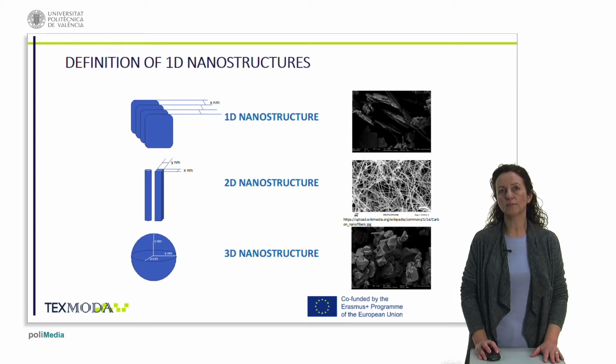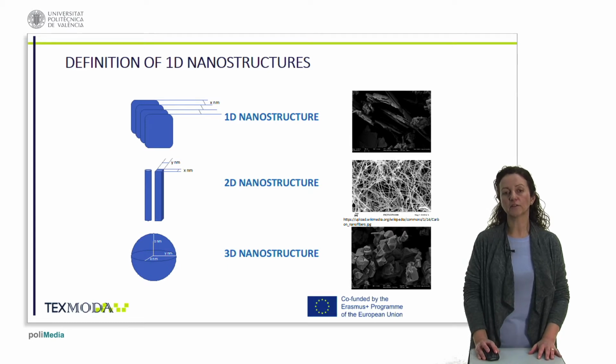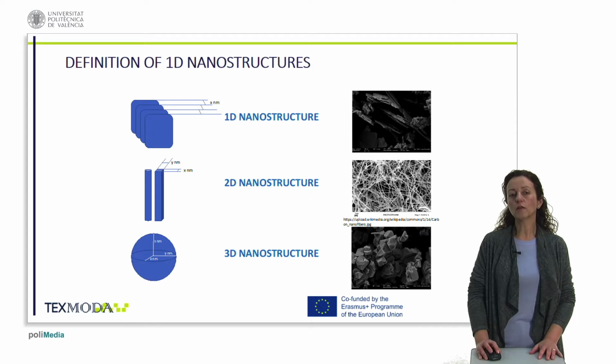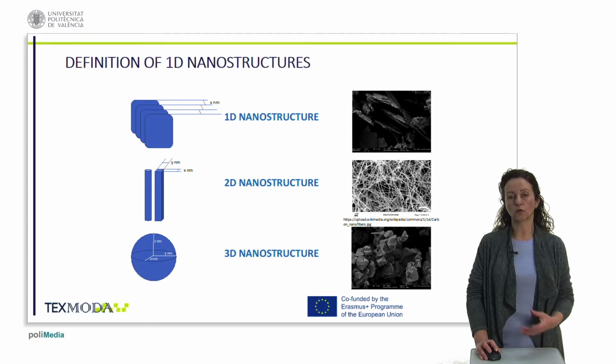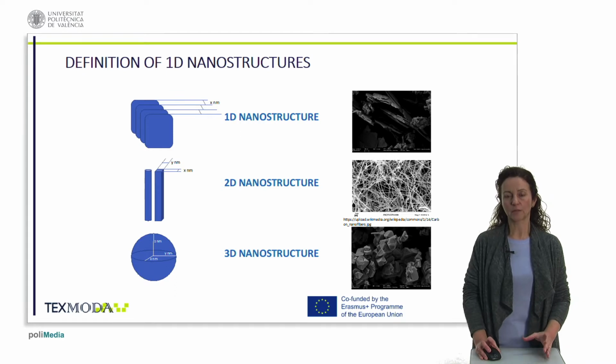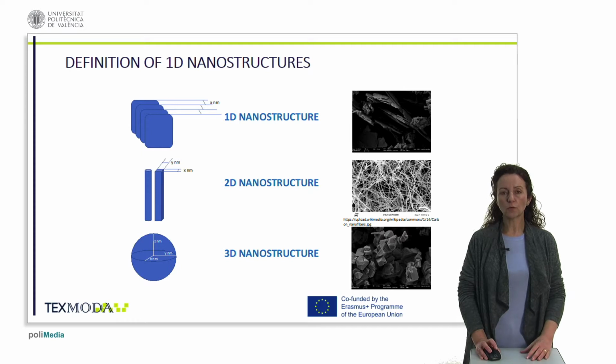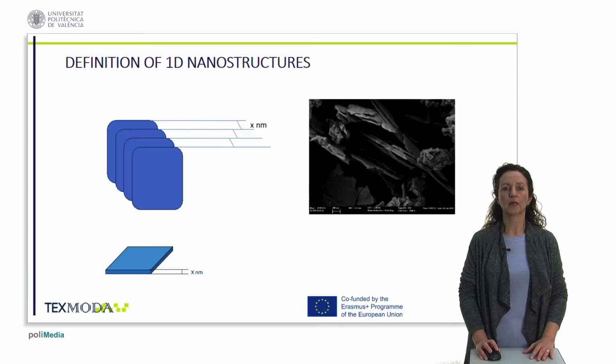So this means that we have 2 nanometric dimensions, for example, X and Y. And regarding 3-dimension nanostructures, it means that all the dimensions of the particle or the structure of the material are at nanometric scale. Right. So according to this definition, we are going to begin with 1-dimension nanostructures.